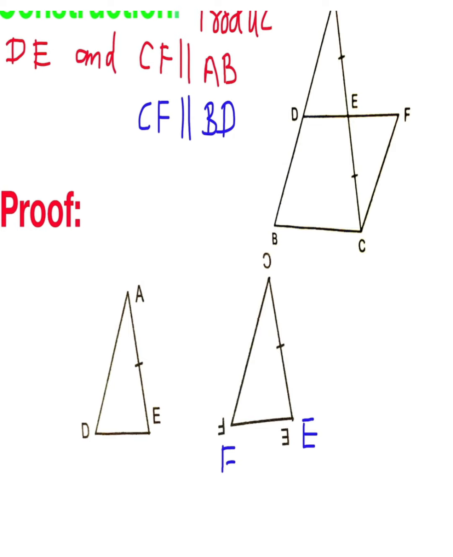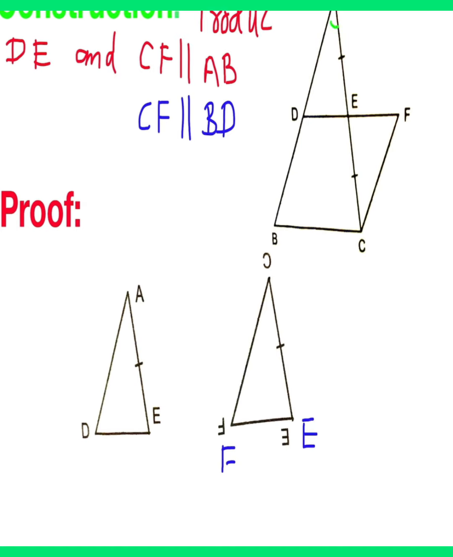Okay, so you will get the correspondence here. First see in the diagram, if AB is parallel to CF, then you can say that these are alternate interior angles. So you can say that angle A and angle C are equal.